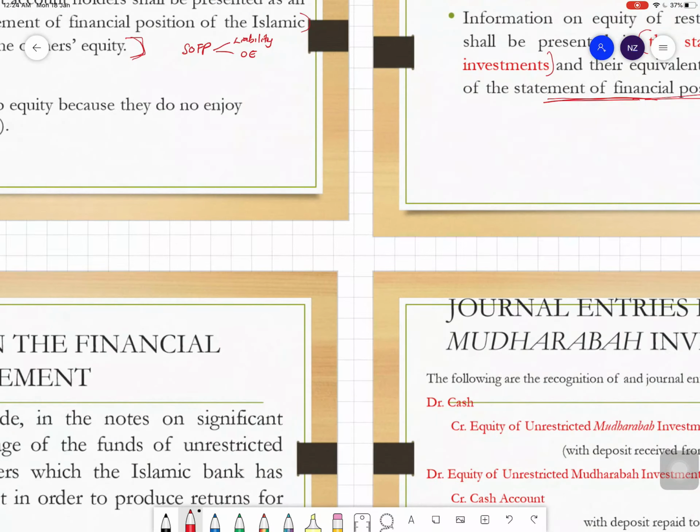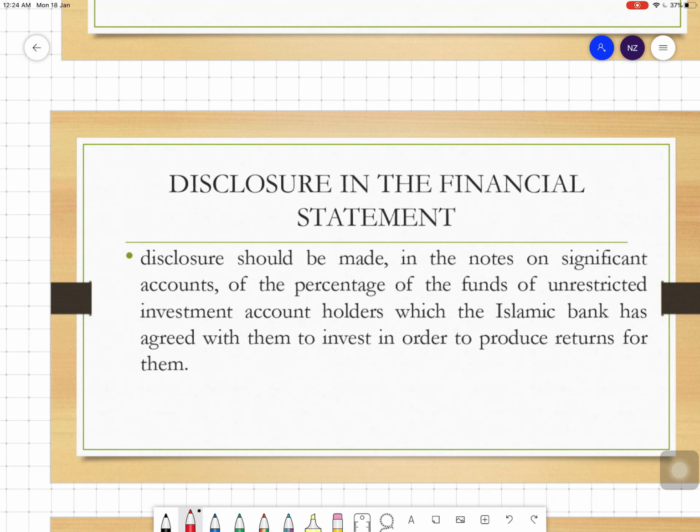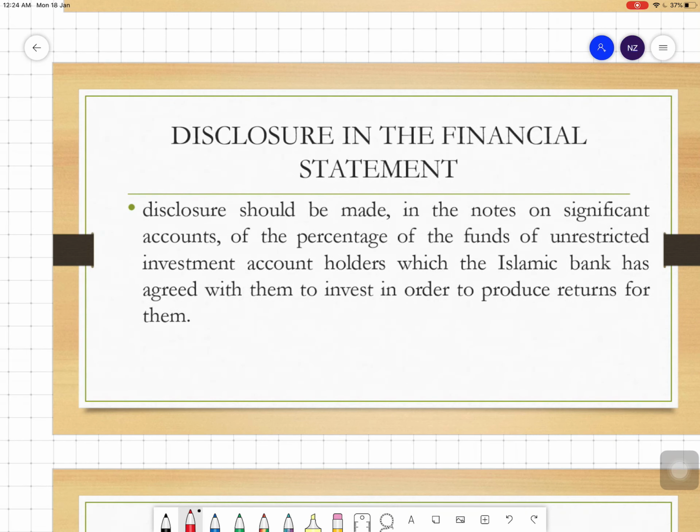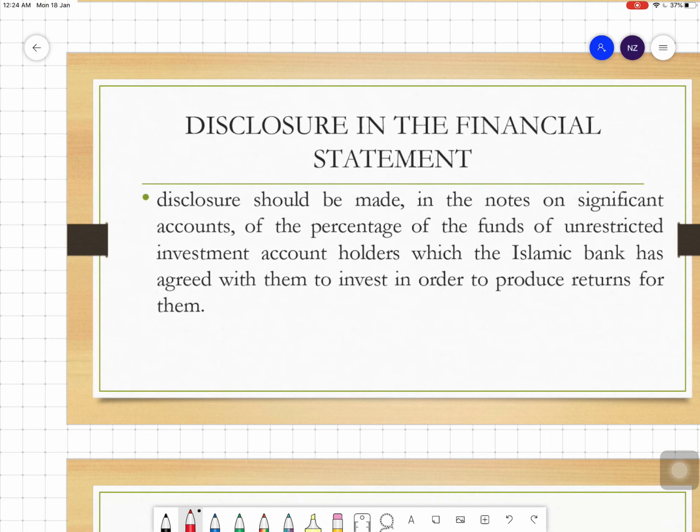Okay, that is the disclosure in the financial statement. And the disclosure should also be made in the notes, right? In the notes on significant accounts, the percentage of the funds of unrestricted investment account holders which the Islamic Bank has agreed with them to invest in order to produce return for them.